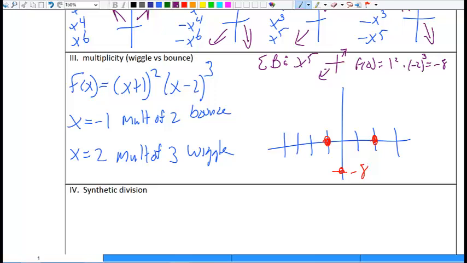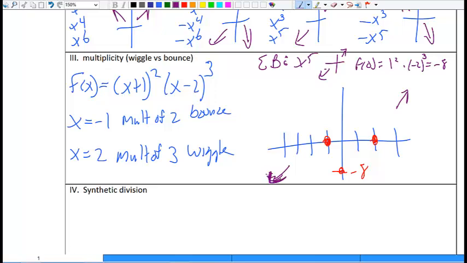Now what does that have to do with anything? Well, since I know where it crossed the x-axis in the first quadrant, I know it's going to be going up in the first quadrant after it leaves the x-axis, and I know on that first root at -1 it's going to go down into the third quadrant.